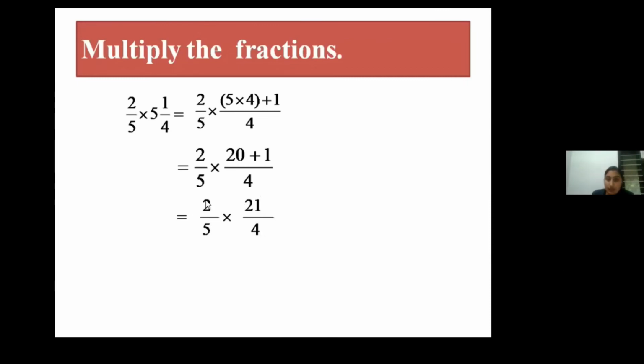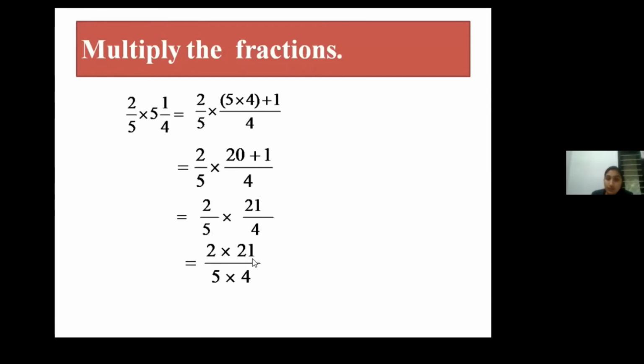So for multiplying two fractions, we find the product of numerators by product of denominators. Here the numerators are 2 and 21 and denominators are 5 and 4. So 2 into 21 by 5 into 4.